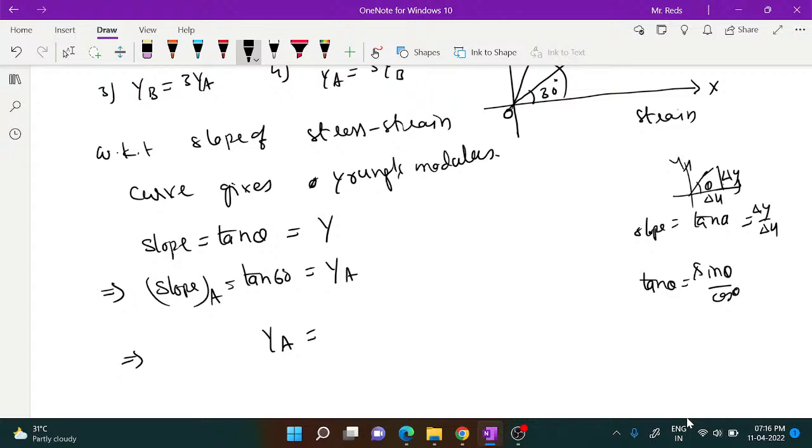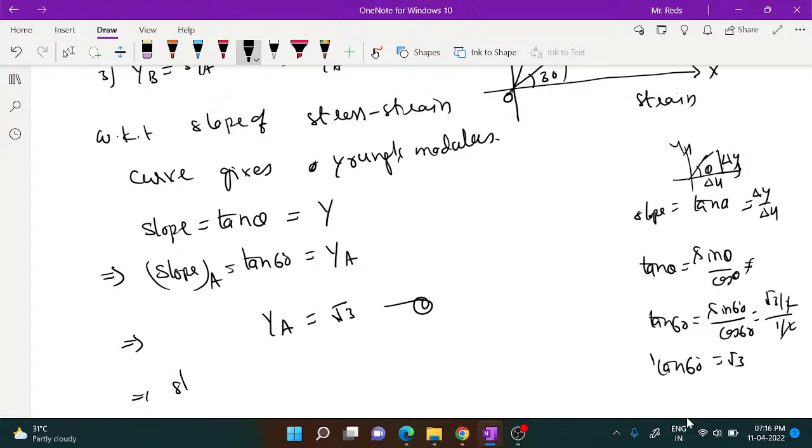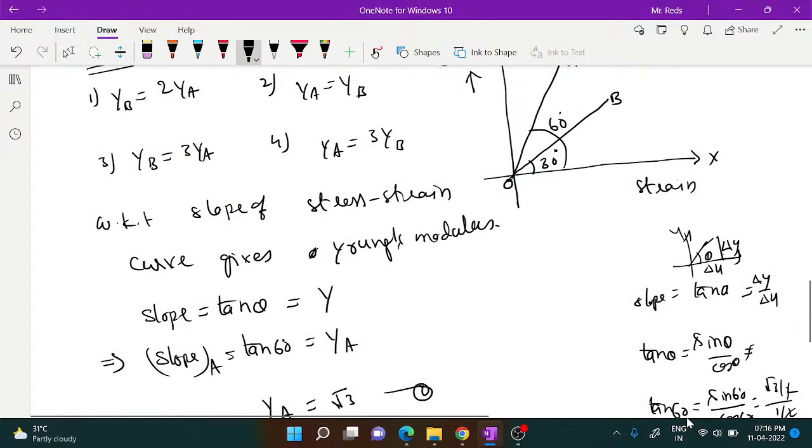Sin 60 is root 3 by 2, cos 60 is 1 by 2, so on cancelling you get root 3. So tan 60 is equal to root 3. Alright, so YA is root 3. Equation 1. And YB: the slope of B is equal to tan of the angle that the B curve makes, which is 60 degrees.